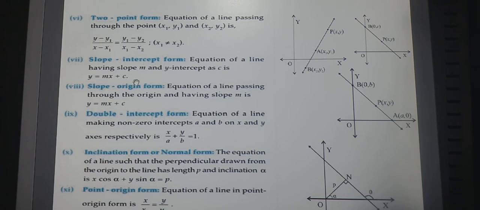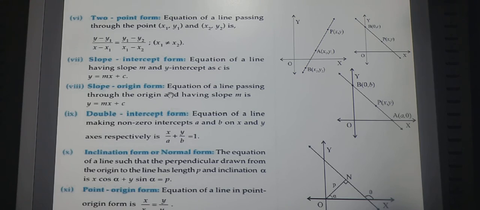This is the slope-intercept form. Slope is m, y-intercept is small c. You can see this second diagram. Here the line passes through this point B of (0, c). So the y-intercept is small c here. And the slope of this line is given, that is, we consider here m. So the slope-intercept form is y equals mx plus c.